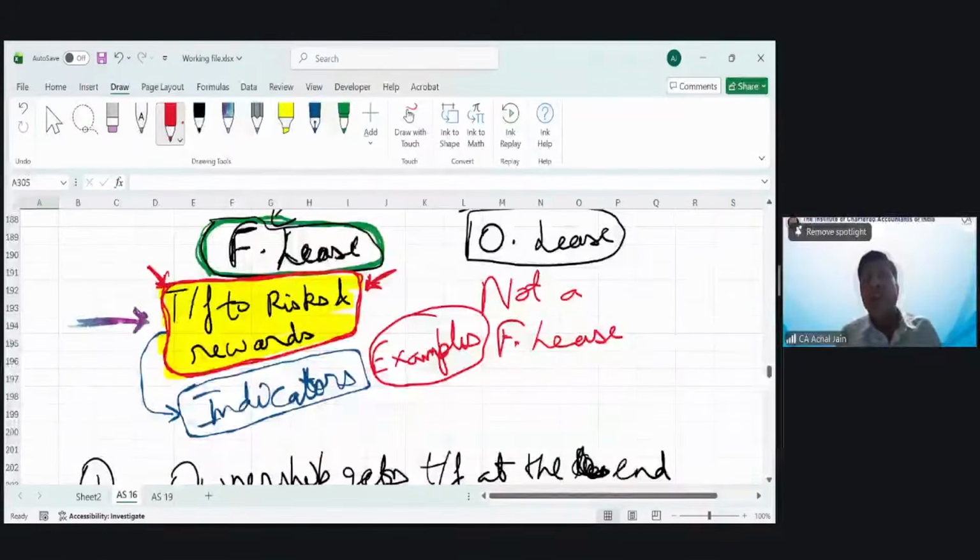It means we are only looking at some examples. That is what is written there, that all of these indicators are only examples of the concept. What is the concept? Transfer of risk and reward substantially. You can always have some more situations in which a lease can be a finance lease.